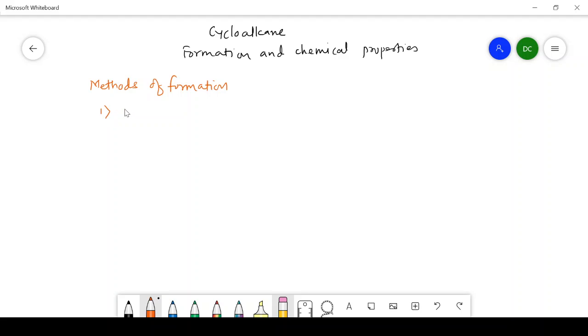The first is the reaction of carbene and alkene. Now, alkene is nothing but the compound which is having a double bond in its structure, and carbene is a reactive intermediate in which carbon is divalent and has two electrons.